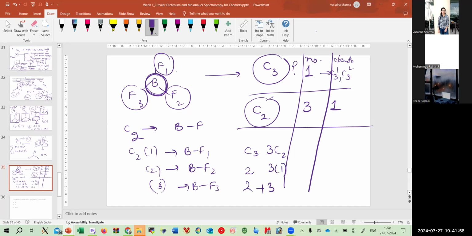So 2 plus 3 is 5. When I asked for the total proper axis of rotation operations, that is 5 in number. This is how you calculate. So in the BF3 molecule, you have one C3 and three C2s. Is this clear?